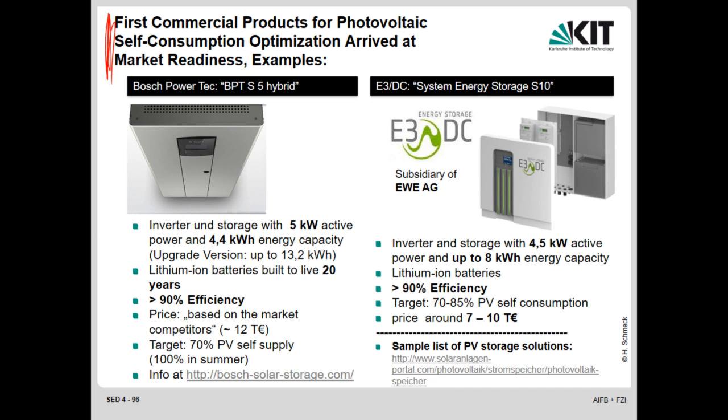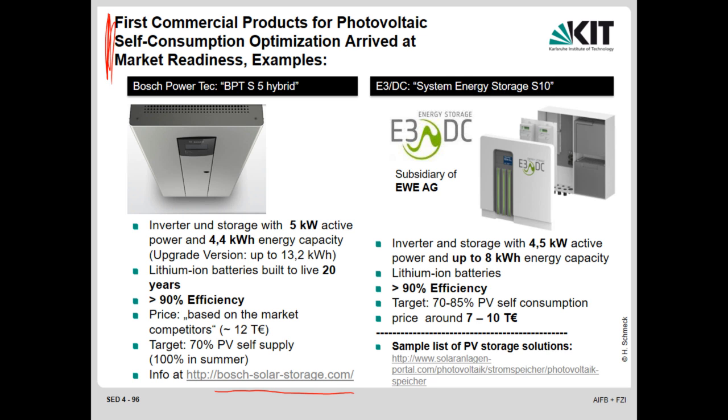There are some storage or some batteries available now on the market. And you can see here 2 products, although if you go to that website, you will notice that you don't see that anymore. So this is a very difficult market at the moment because the market is slowly developing.